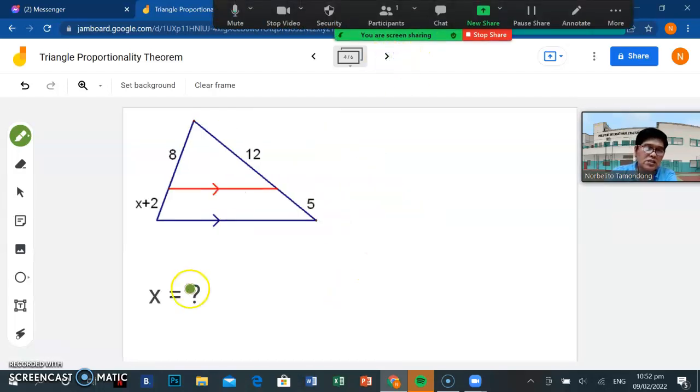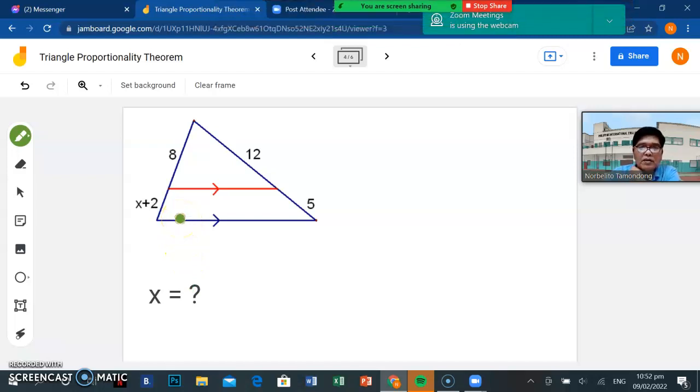Okay, so next is solving for x for this problem. The ratio is x plus 2 is to 8, part is to part. Part is to part also here, 5 is to 12.